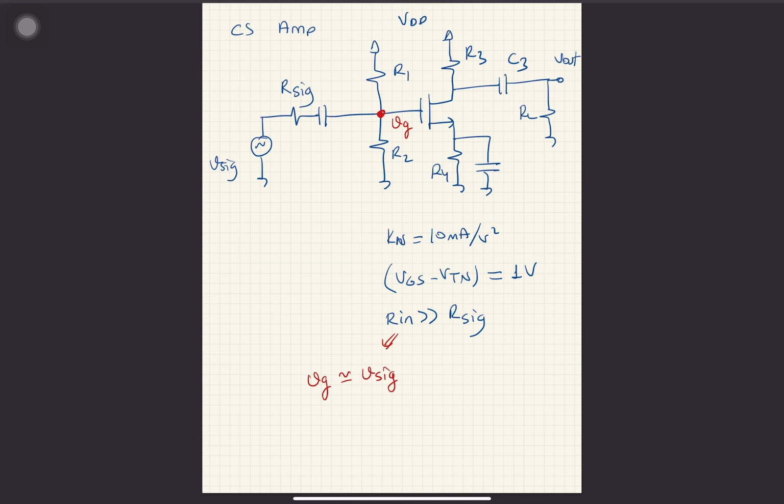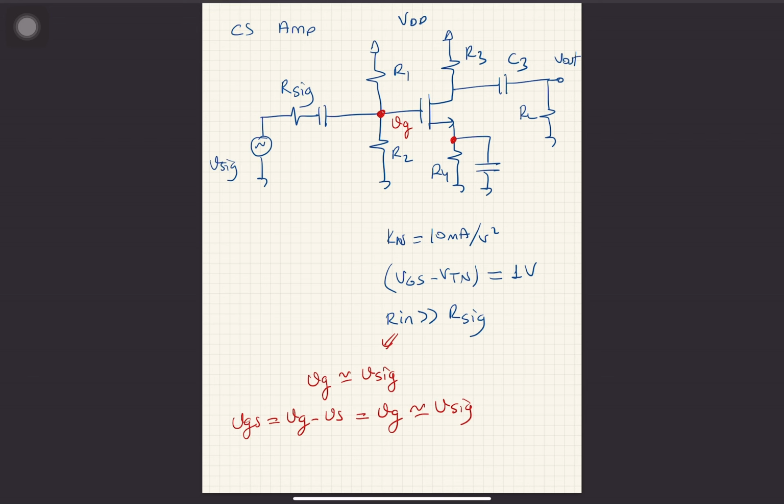So the question is this: how much V signal can be applied while operating still in small signal region? The answer is, I think, quite obvious. Source is AC-wise grounded. Therefore, VGS is equal to VG minus VS, which is VG, which is approximately V signal.